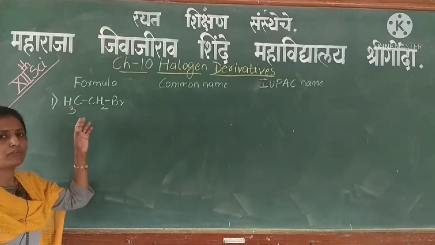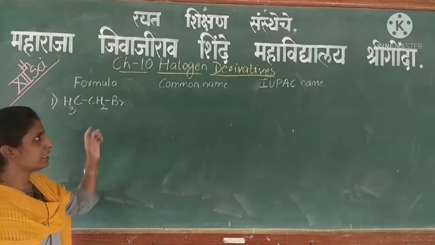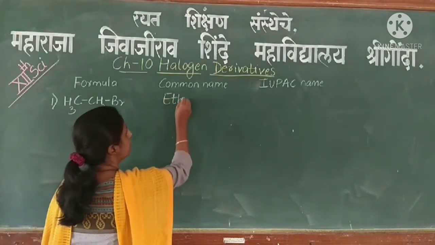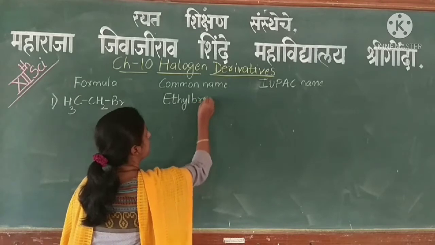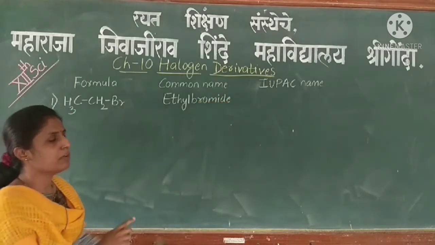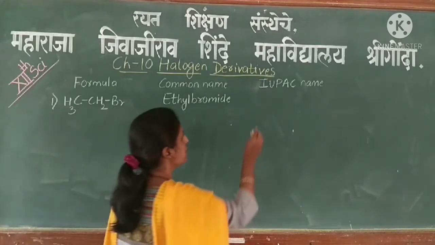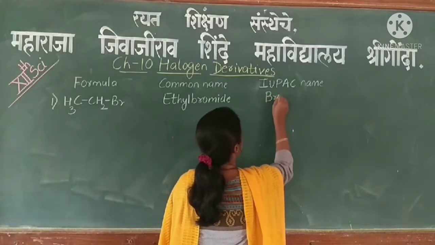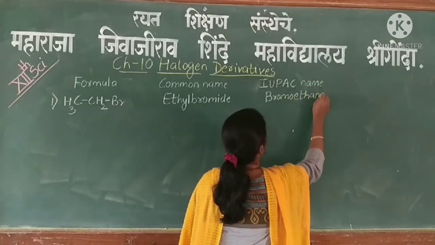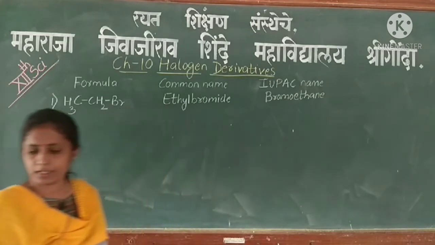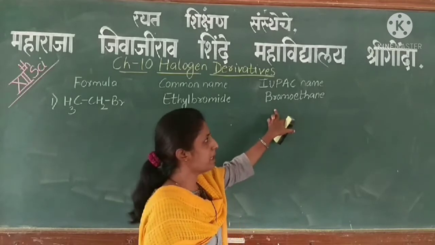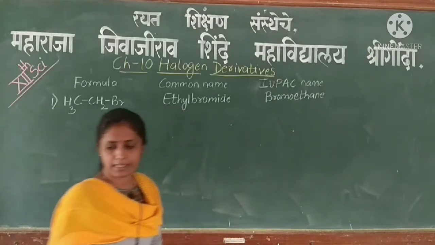This is a derivative of the parent hydrocarbon ethane, so the common name will be ethyl bromide. And while writing the IUPAC name, we first write the name of the halogen, that is bromo, and then the name of the parent hydrocarbon, so it will be bromoethane. Moving to the next example.